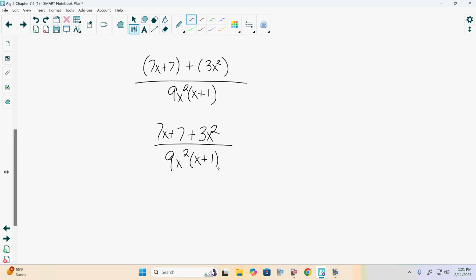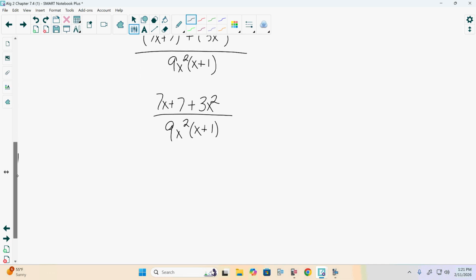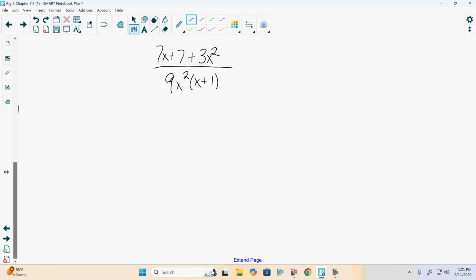Now, it might be helpful to have this in standard form to see if something factors, if something reduces. So standard form is going to be 3x squared plus 7x plus 7. Now, for the most part, this has a feeling it might not factor.